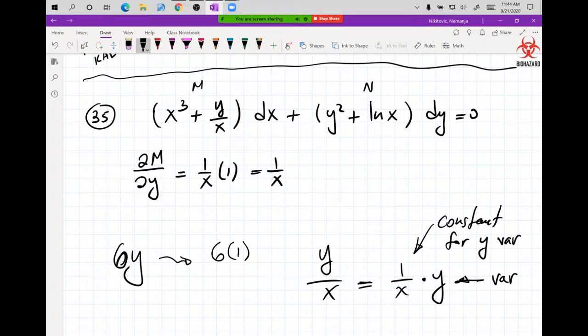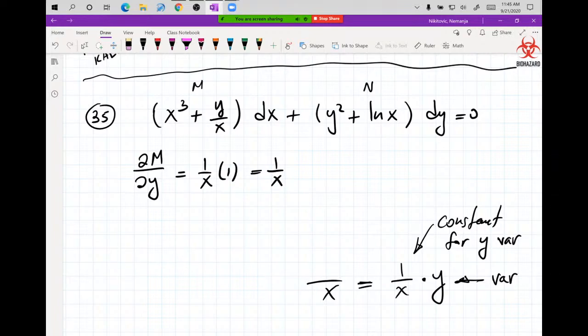That's the way you would take the derivative of 6y. So 1 over x times y will behave the same way, because x is considered to be a constant. Y is considered to be a variable.